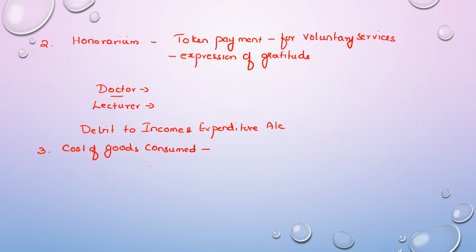Let us take the different forms of NPO, like a charitable hospital. What is the main goods that is consumed in a hospital? It is medicine. So when we are talking about charitable hospitals, they have to be dealing with medicines. They will be buying medicine, selling medicine, giving away medicine at concessional prices. So there is going to be medicine consumed, which we will be ascertaining.